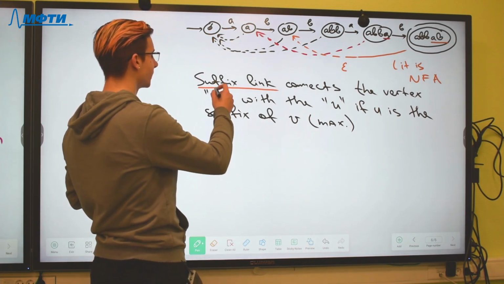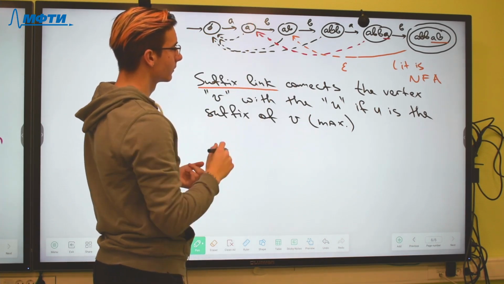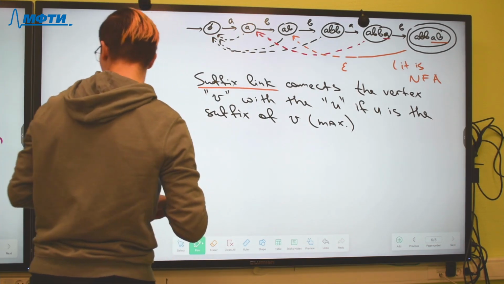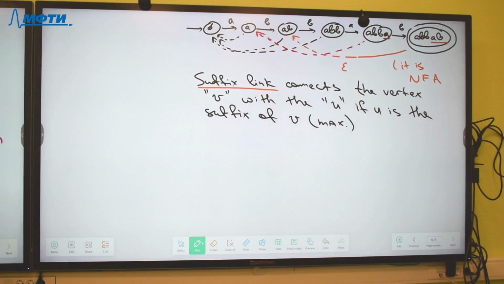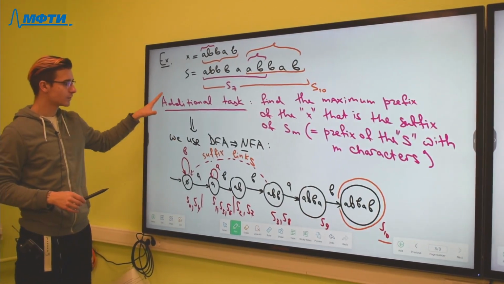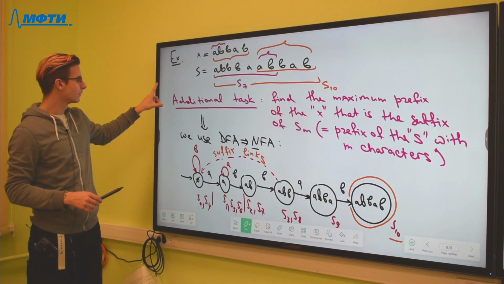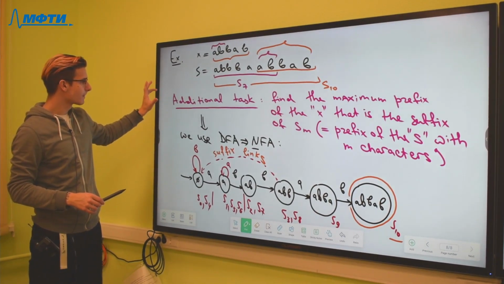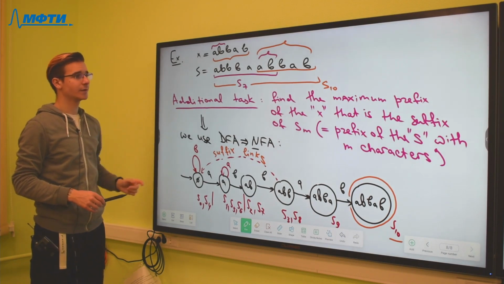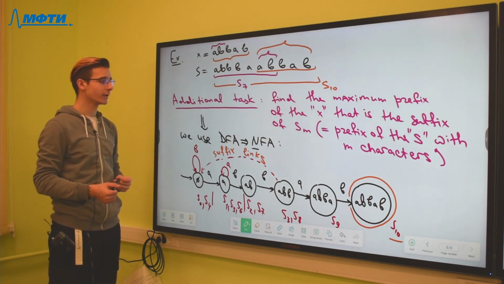So after we draw or implement this NFA and go through it by this algorithm to solve this additional task, then we can find the answer for the initial algorithm.